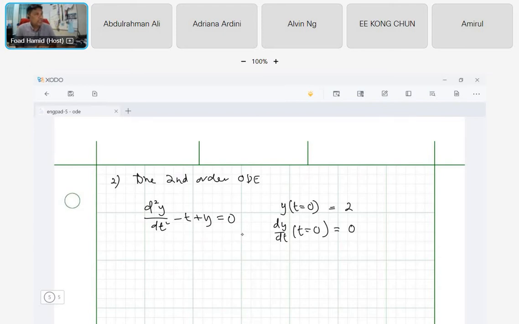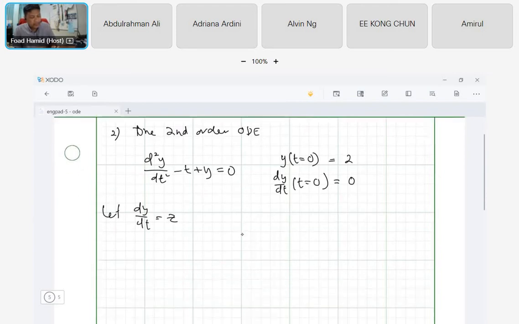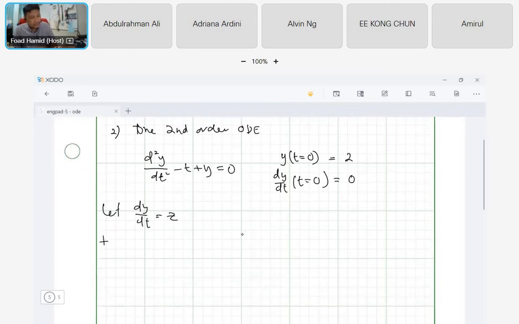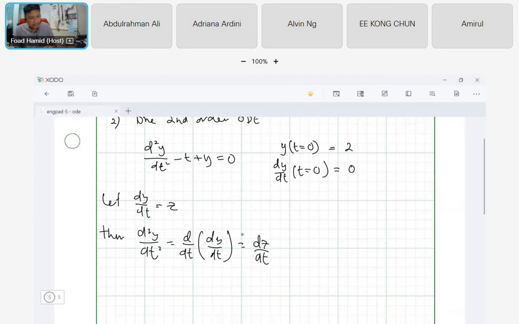So I think what we did last time was let dy/dt equal to z, and then we know that d²y/dt² is just d/dt of dy/dt, which is just dz/dt.